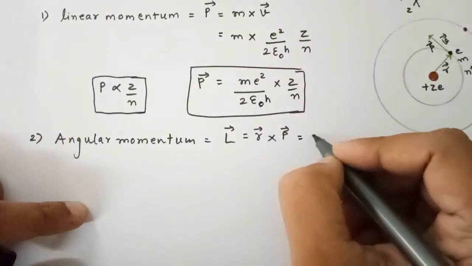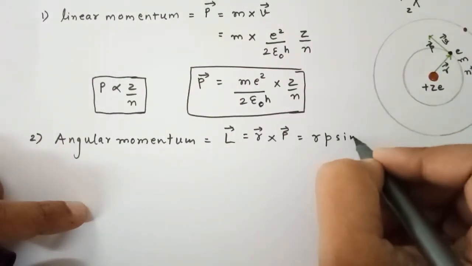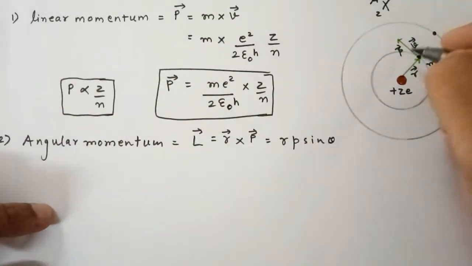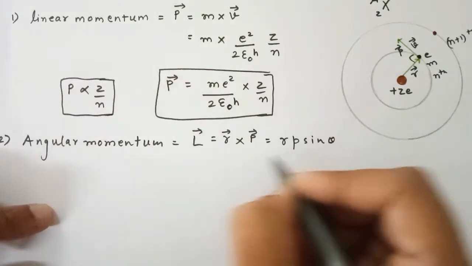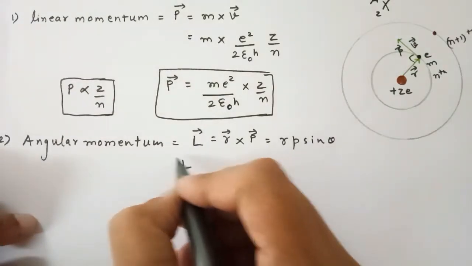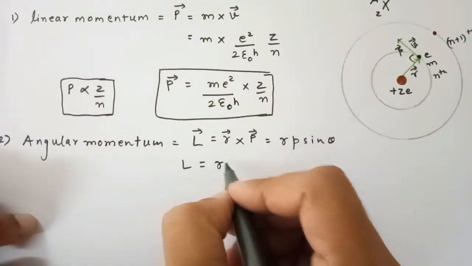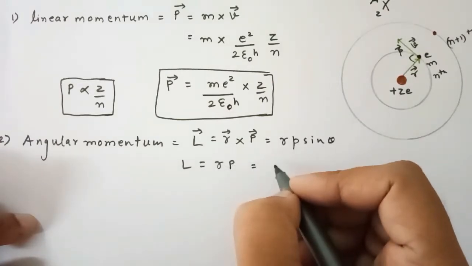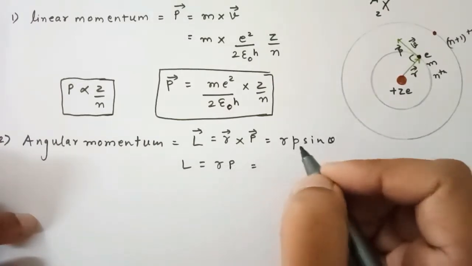So it is equal to rp sine theta, where r and p have an angle of 90 degrees between them. So we can write the magnitude of the L vector as rp into sine 90, that is 1, where p is the momentum vector and r is the radius vector.